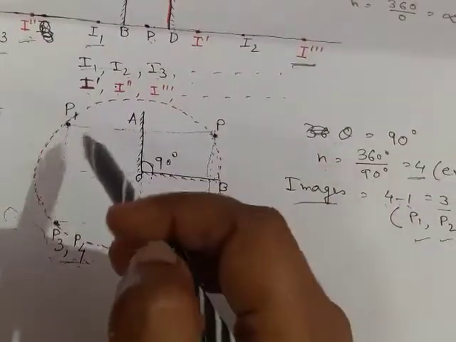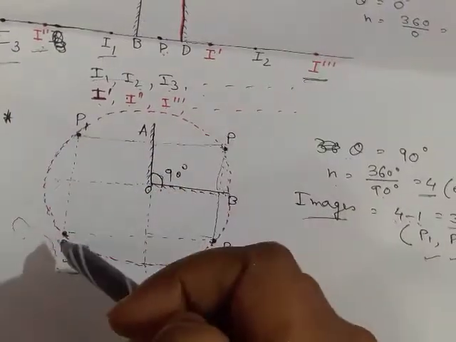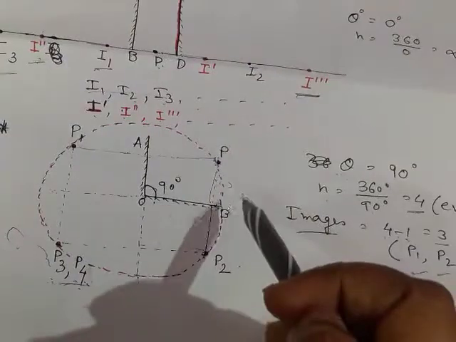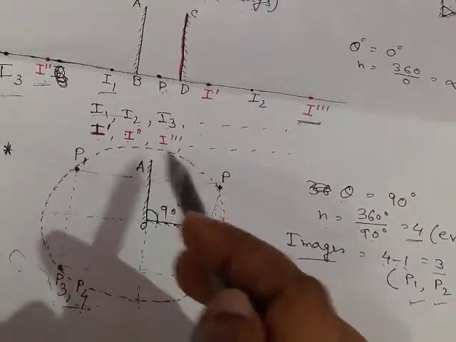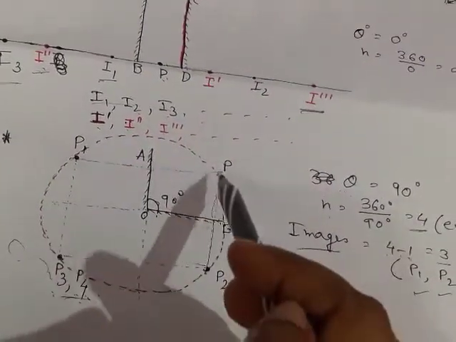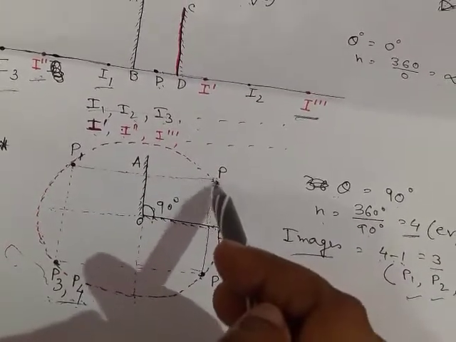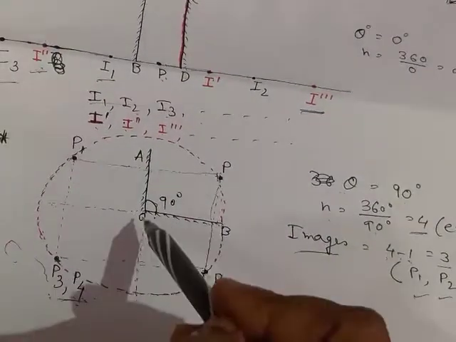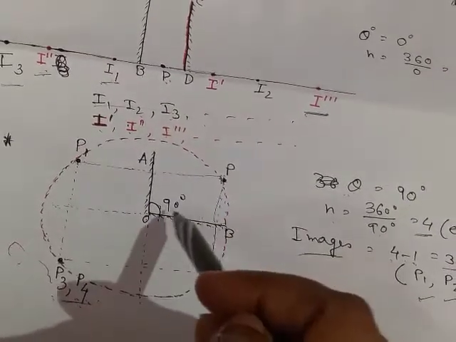Now if you see these three images P1, P2, P3 and the object, those will reside on the circumference of a circle. If you draw a circle here, then you will observe that all the images and the object itself will reside on the circumference of the circle, and the center of the circle will be the intersecting point of the two mirrors.